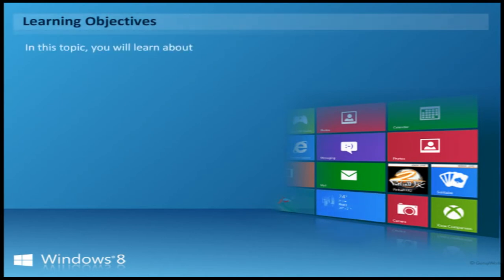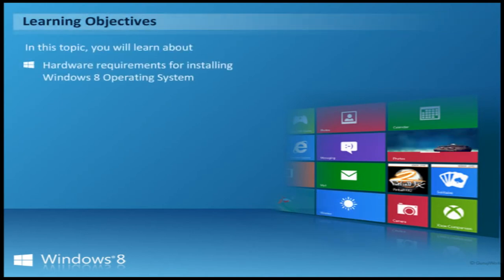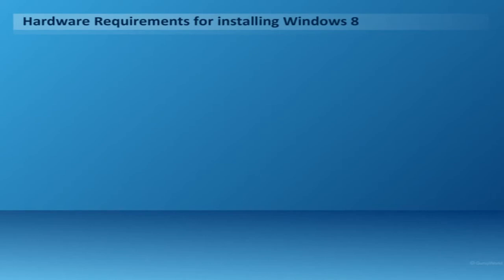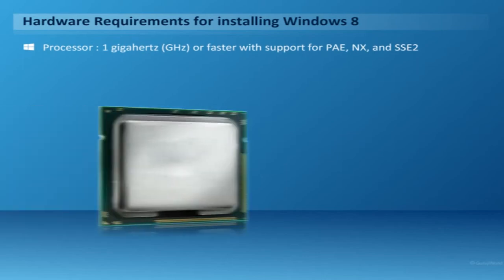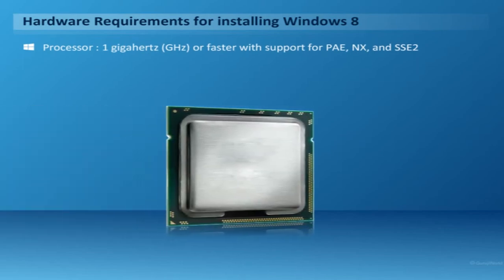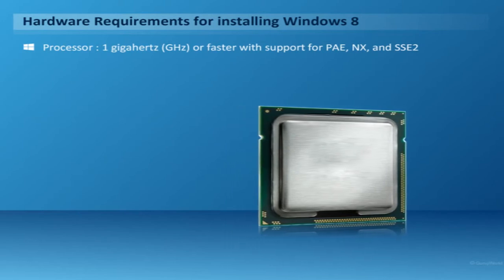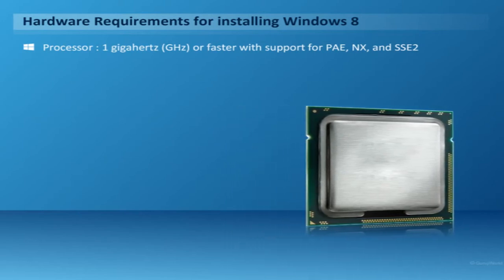In this topic, you will learn about the hardware requirements for installing Windows 8 operating system. If you want to run Windows 8 on your PC, here's what it takes. Processor: 1 GHz or faster with support for PAE, NX and SSE2.